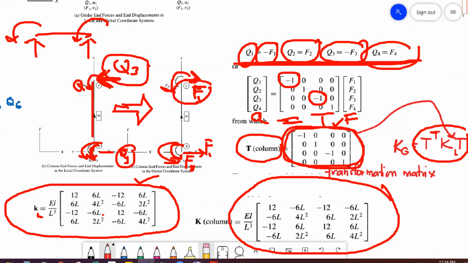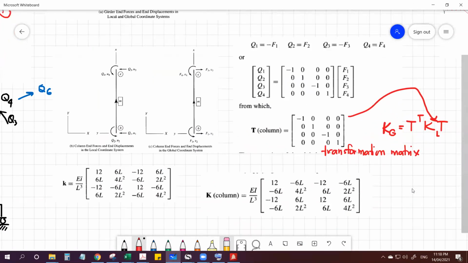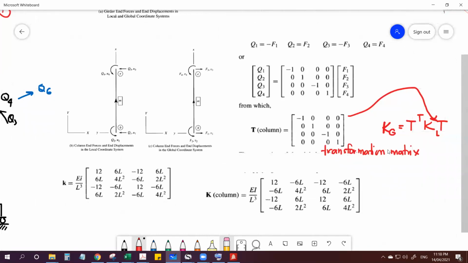As you notice, it's still the same, but there will be changes in sign. Here on 6L. So here, changes in sign. That kind of transformation of the stiffness matrix of a beam to a column will be used to approximate the analysis of a building frame.